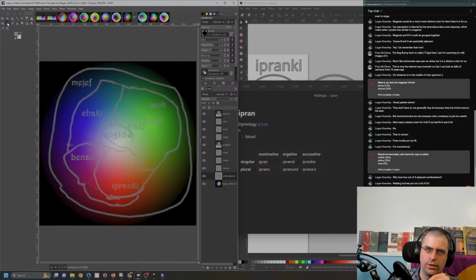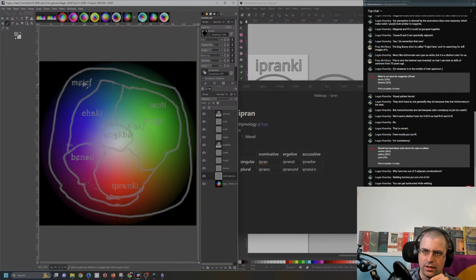Different people will perceive things a little bit differently. Different dragons will perceive things a little bit differently too. So this is our rough guideline. I will have to clean it up a little bit before I post it anywhere. But we've got 1, 2, 3, 4, 5, 6 basic color terms.